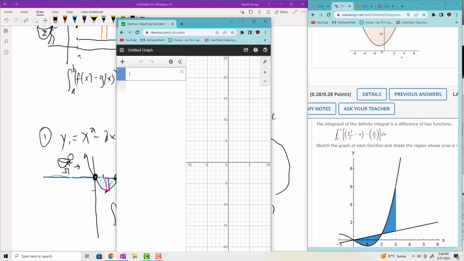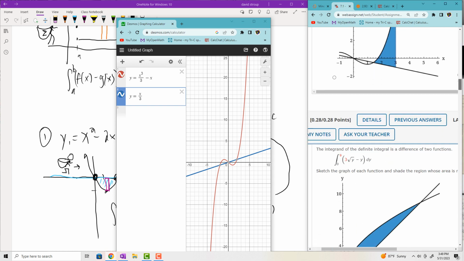Okay? But anyways, one of the functions you could see in the integrand there, y equals x cubed all over 3 minus x. And then the other function, y equals x over 3, is just a straight line with slope 1 over 3. And you could see the form of it.